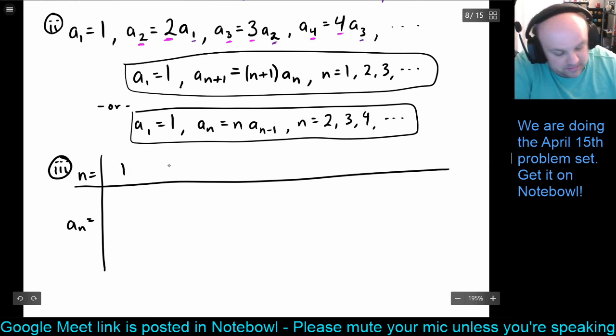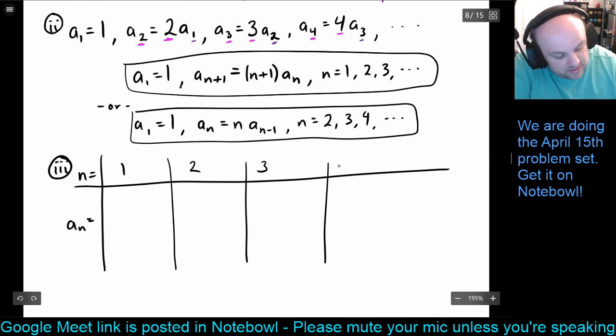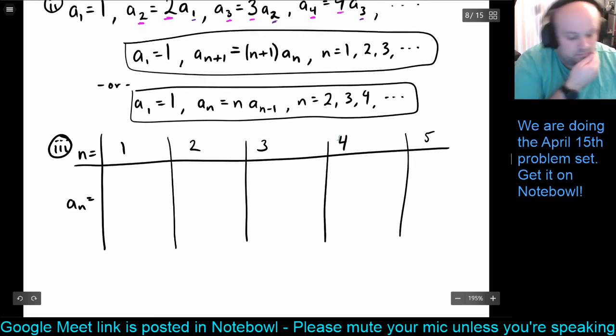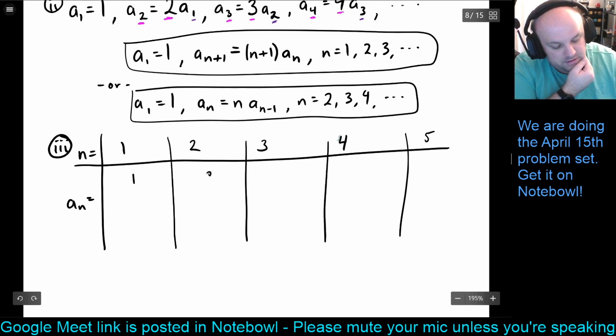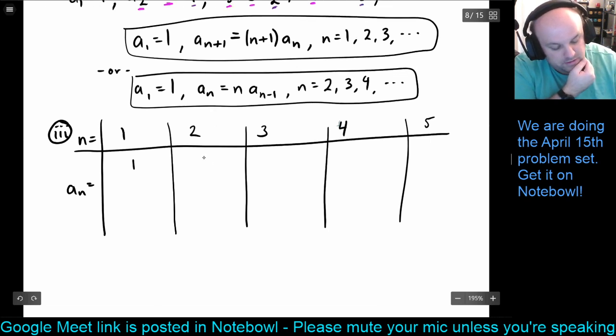So n equals 1, n equals 2, 3, not n equals n. N equals 4 and 5. Right, so we had 1, 2, 6, 24, 120.